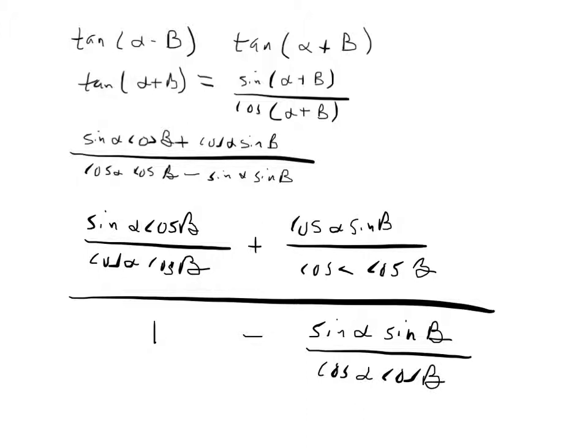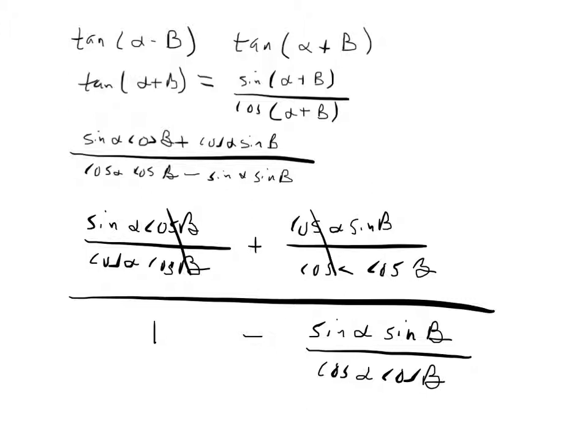And then we look to simplify. Well, up here, cosine beta over cosine beta is going to cancel. Over here, we have a cosine alpha over cosine alpha. That's going to cancel.